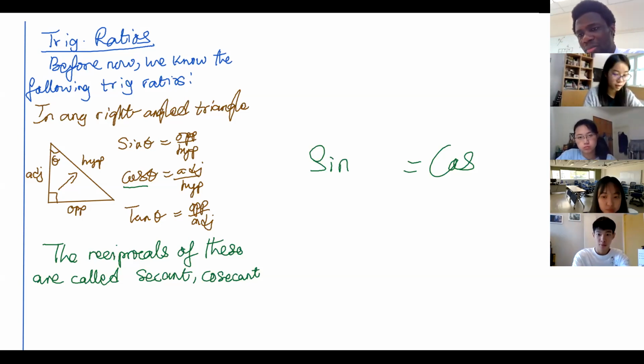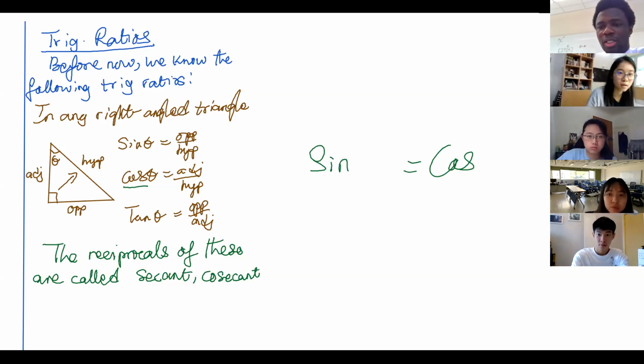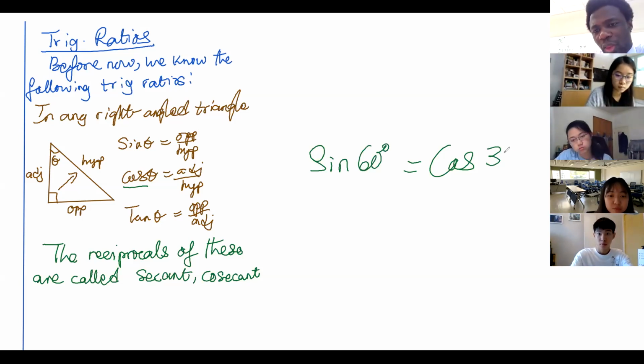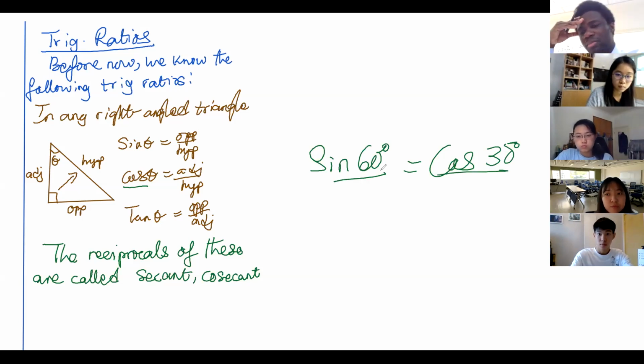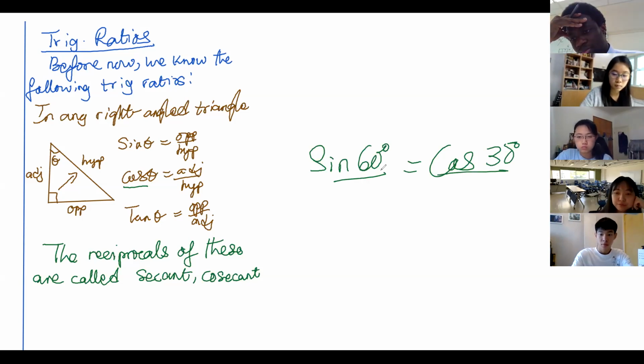Oh, okay. Then 60 and 30. Now, this is what complement means. If this is 60, this must take 30, and they are the same. You can check that.